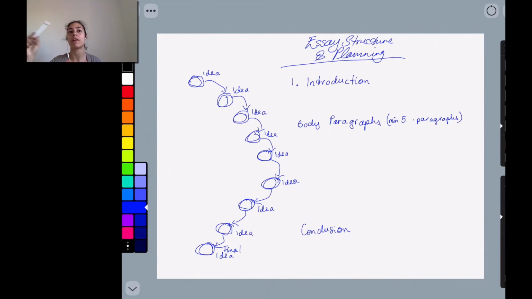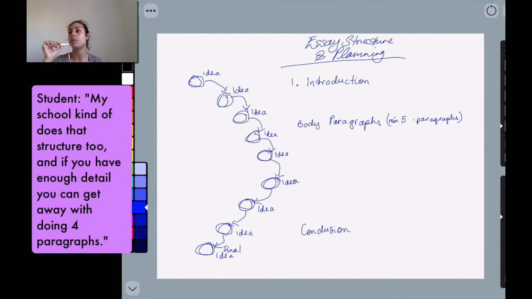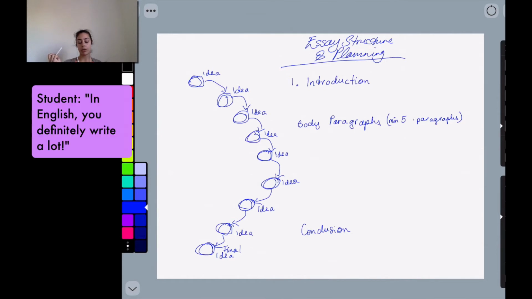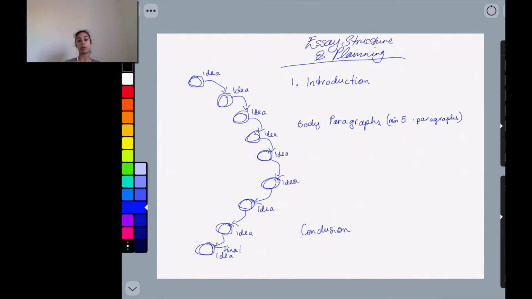They really split their for and against, and they make them have 3 points or 3 ideas. I've had others too. But then in English, you'd need 3 body paragraphs as a minimum.